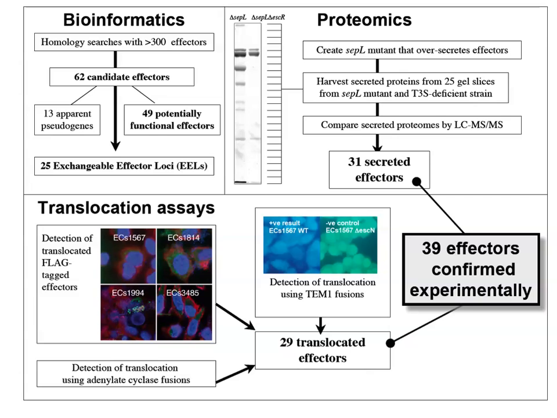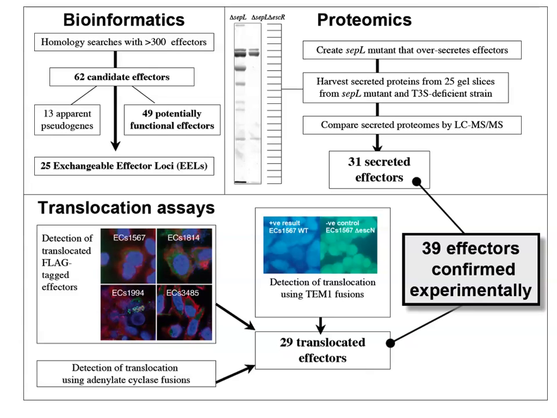When you look carefully at the homologies, we could see that in some of them there were frame shifts or premature termination. Those are not likely to encode a functional protein, so those are pseudogenes. But we found 49 potentially functional effectors, and these were clustered into what we called exchangeable effector loci, or EELs. I was very pleased to come up with that acronym because it's the opposite of LEE backwards.